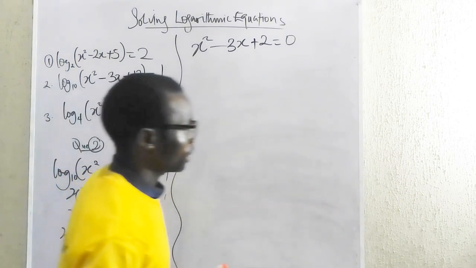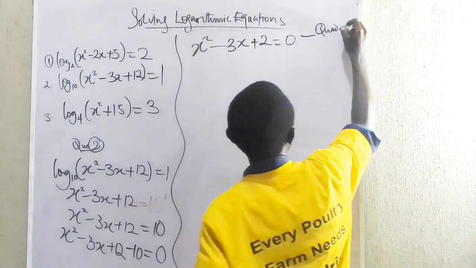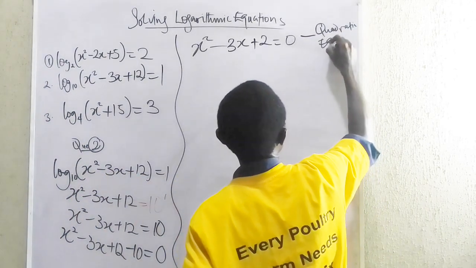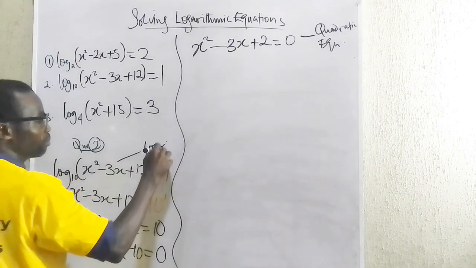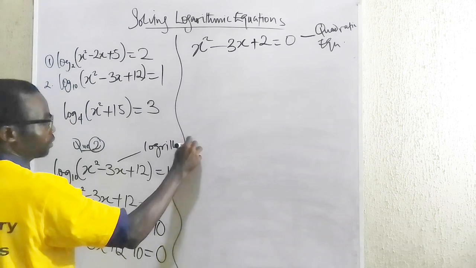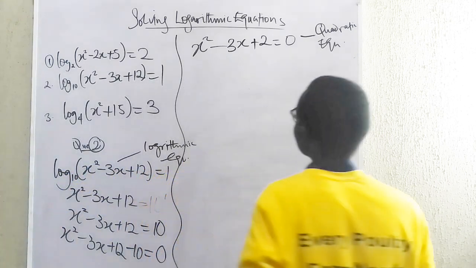So let's continue. Now in this place, this is now the quadratic equation. See, we started from a logarithmic equation to the quadratic equation. So let's move on.